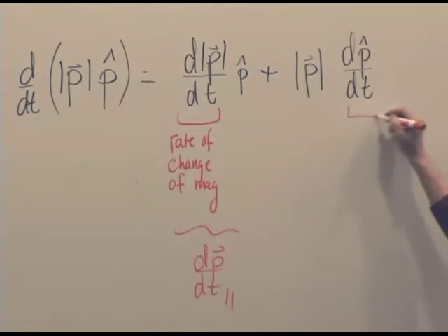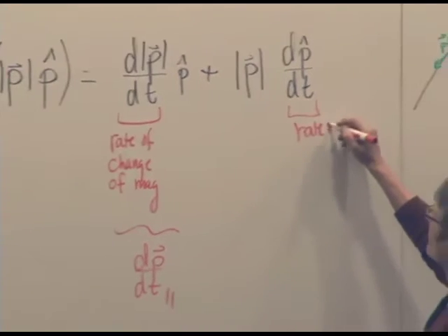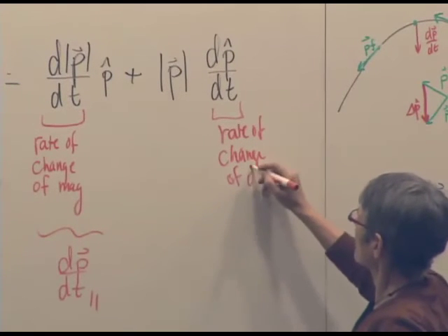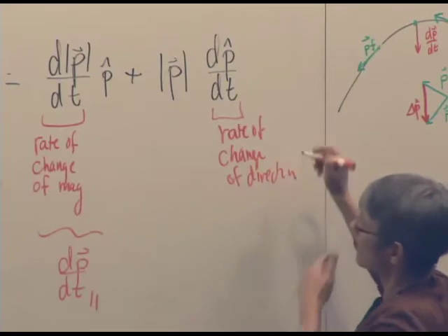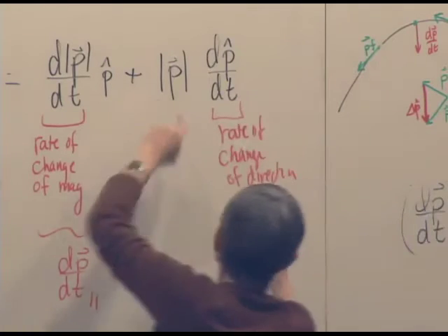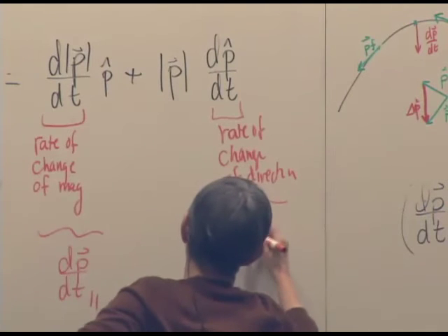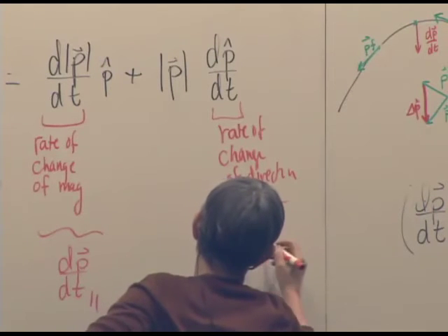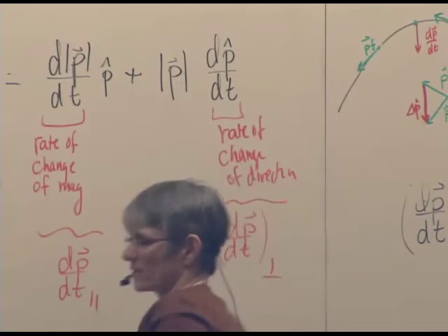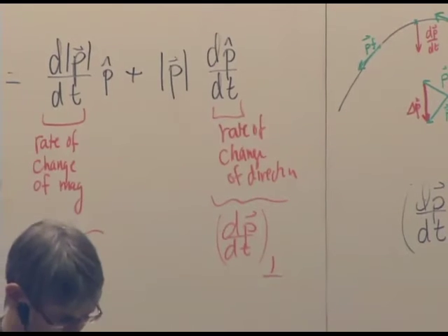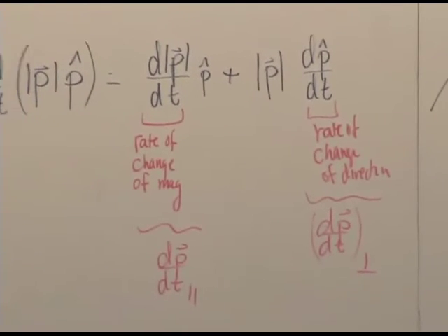This is the rate of change of direction. And so the magnitude not changing, direction changing. So this is this dp dt perpendicular part. So all we did was just apply the product rule to really get a differentiation.